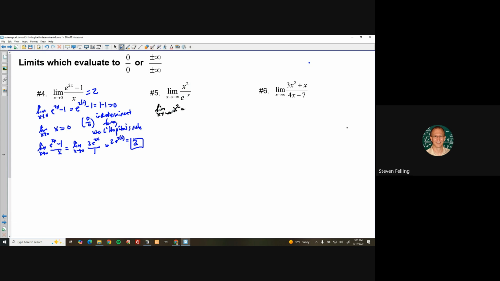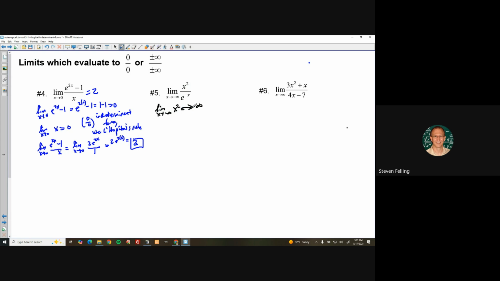Now I'm not going to plug in an infinity, right? You don't want to really do arithmetic with infinities because they're not numbers. But if I took a large negative number and I squared it, I'm just going to get a large number. So we're just going to say that that's approaching infinity.